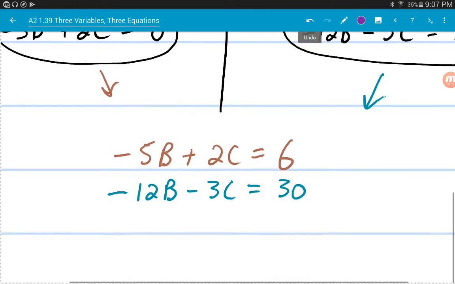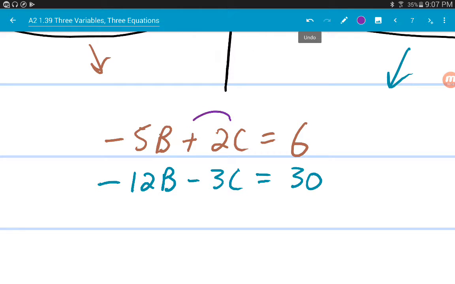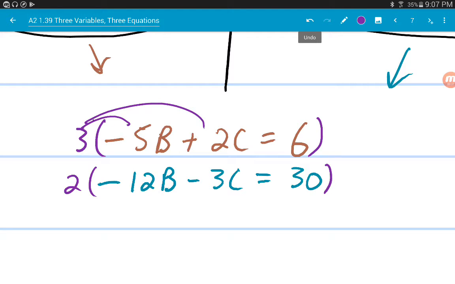But that's a little bigger than I really want to deal with. So I'm thinking, what about if I just made these both into 6? And what would I have to multiply by to make this 2c into a 6c? Multiply by 3. And to make this negative 3 into a 6, I'm going to multiply it by 2. We're going to distribute onto all three terms.